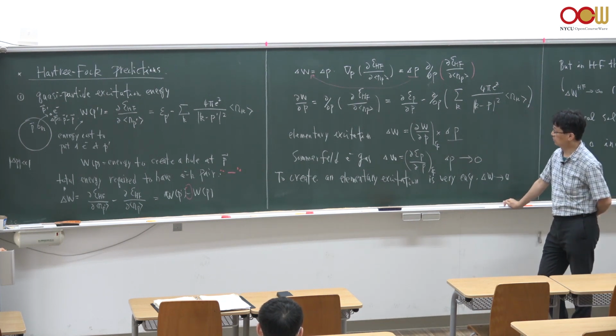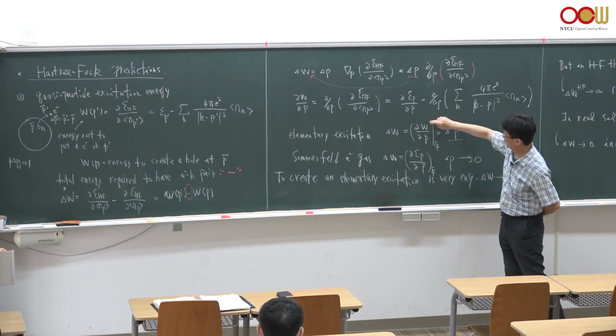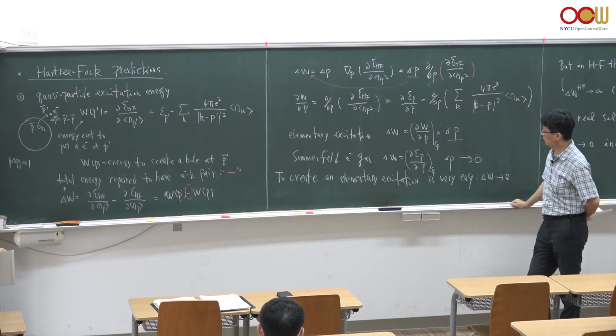All right? So the problem with the Hartree-Fock prediction is that this derivative, dW/dP, diverges.